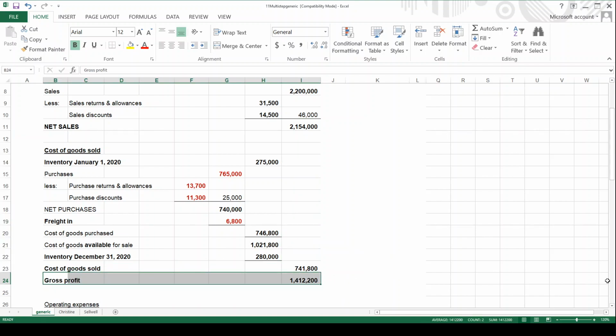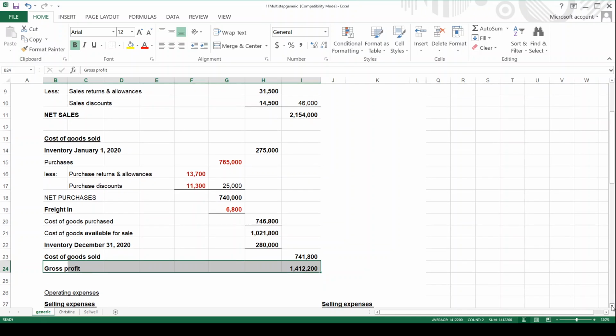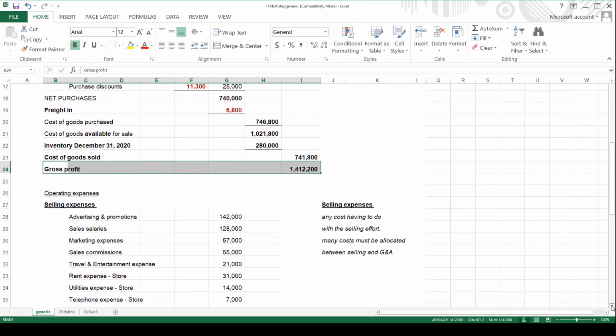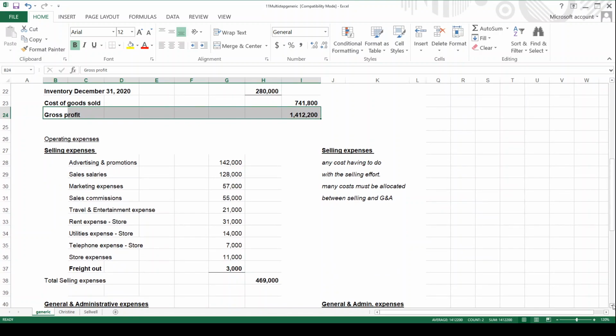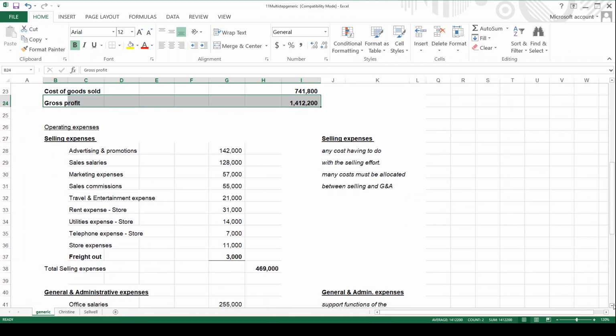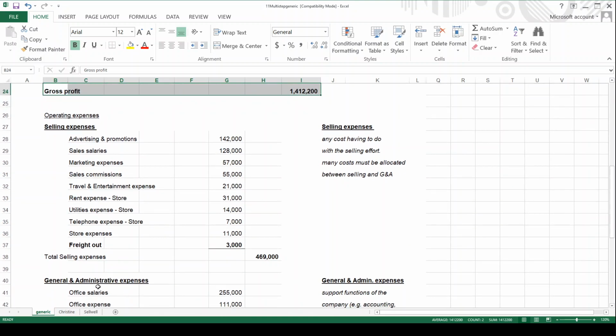So there's our number. Now, what kind of expenses did we have? Well, typically the expenses, not always, but typically they're grouped as selling expenses and general and administrative expenses. So what's a selling expense? Of course, that's going to have something to do with the selling, directly or indirectly related to the selling effort. So I put down a bunch of examples here.